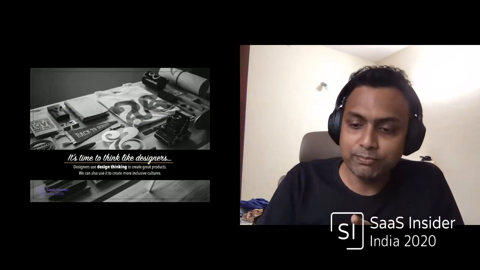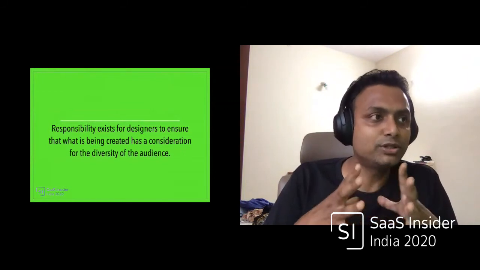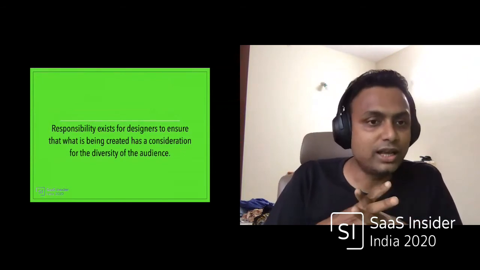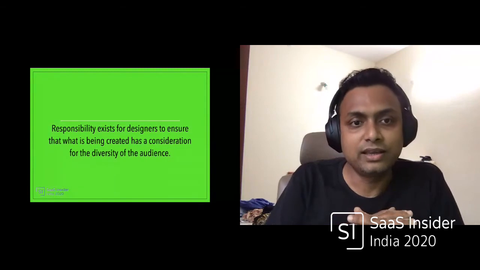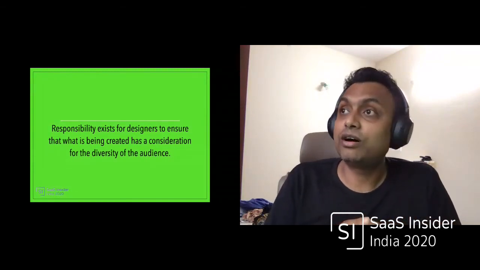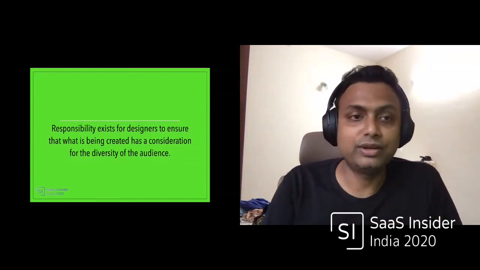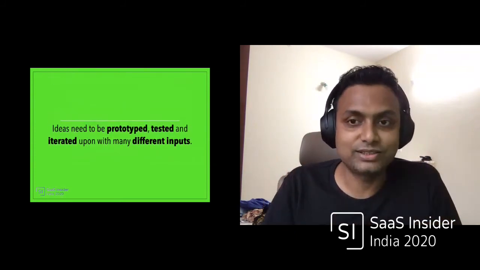So one more important part is, as designers, we have the responsibility to ensure that what is being created has consideration for the diversity of the audience. So how will we do that? We have to do three important things.